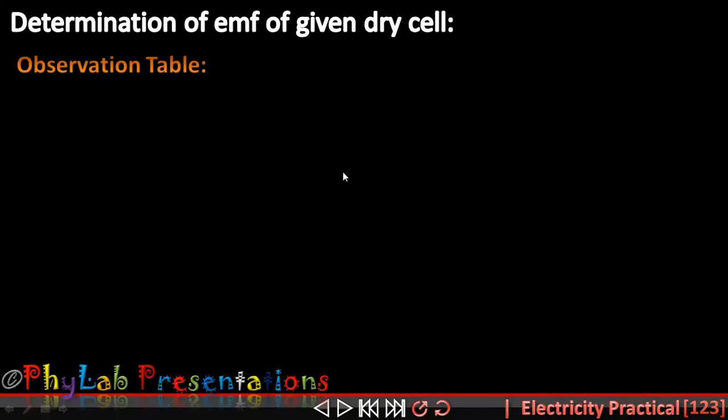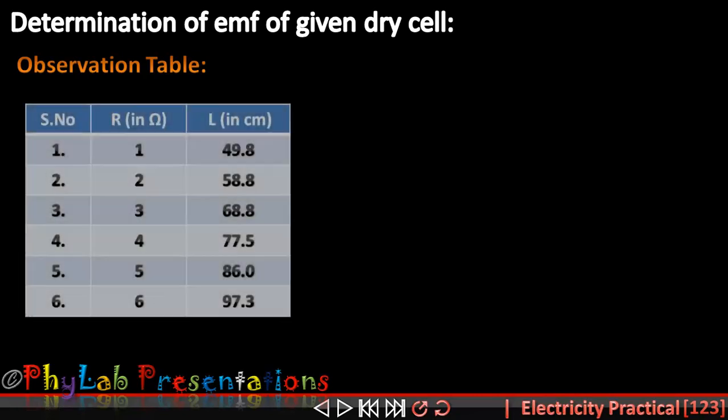Now let us understand how to draw the observation table of this particular experiment. This observation table consists of 3 columns. The first column generally has the serial number, the second column contains the resistance in ohm, and the third column carries the balancing length L in centimeter.